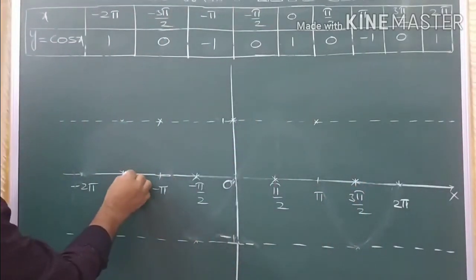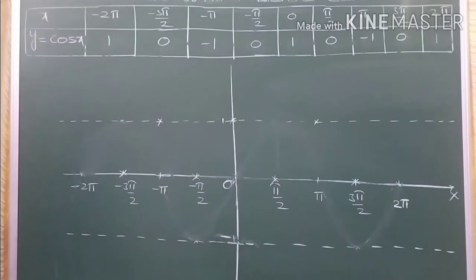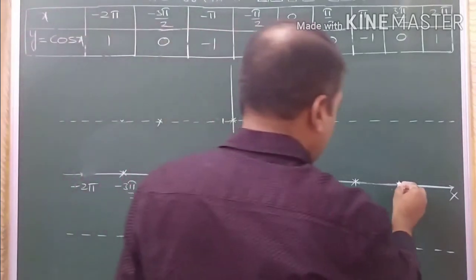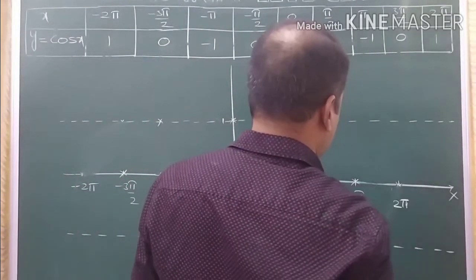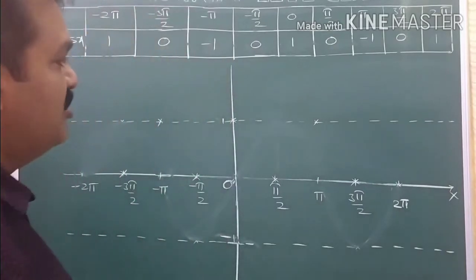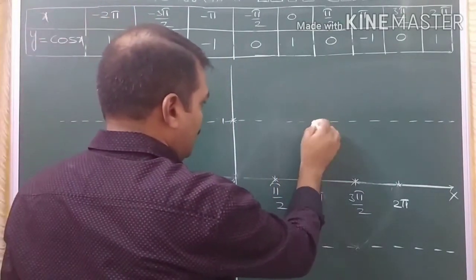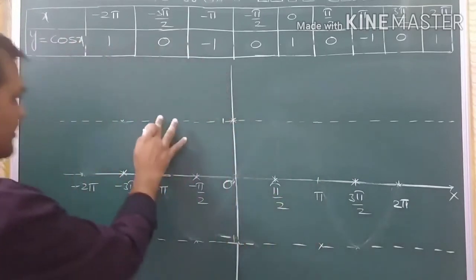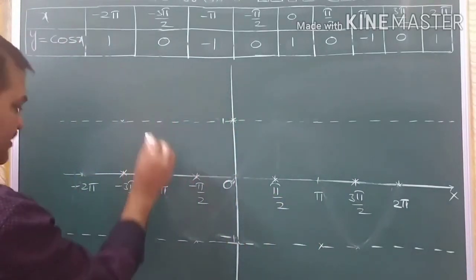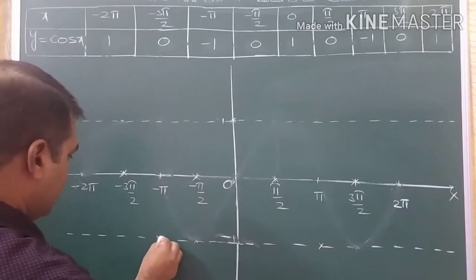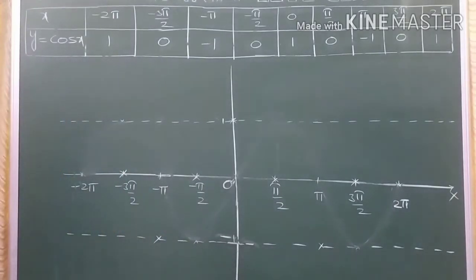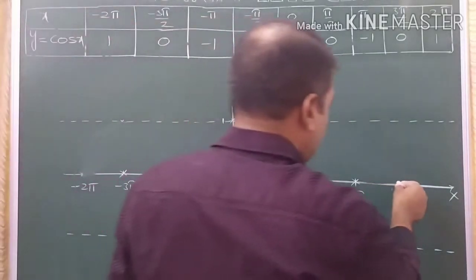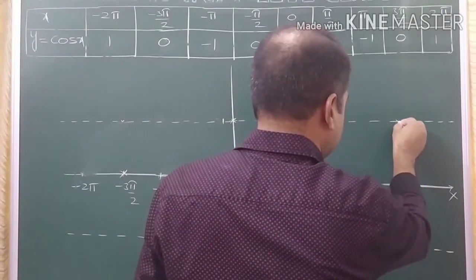For minus 3 pi by 2 also 0. For x is equal to 2 pi, you will get 1. For x is equal to pi, it is -1. Sorry, I located wrongly. So it is here. For x is equal to pi and minus pi, y is -1. Now for x is equal to 2 pi, y is 1.